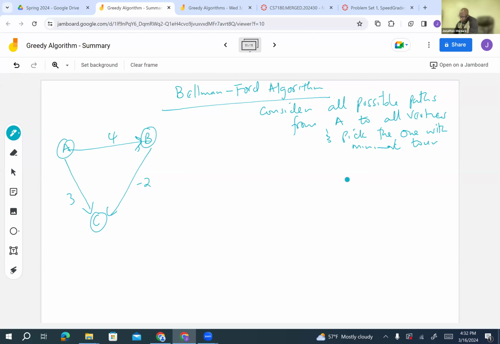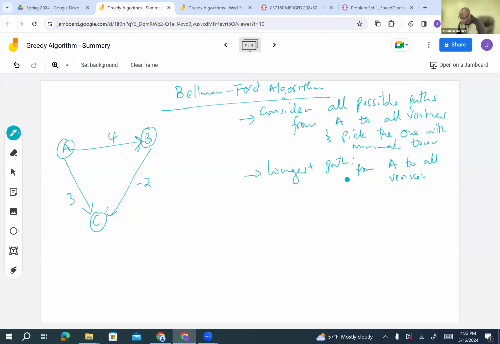Well, one thing we might think about is what will be the longest path? Now, let's try to convince ourselves that the longest path from A to any particular vertex should go through all the vertices.